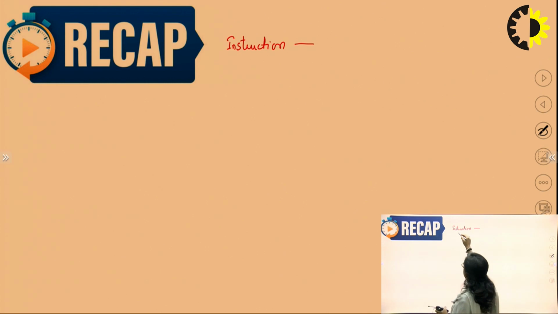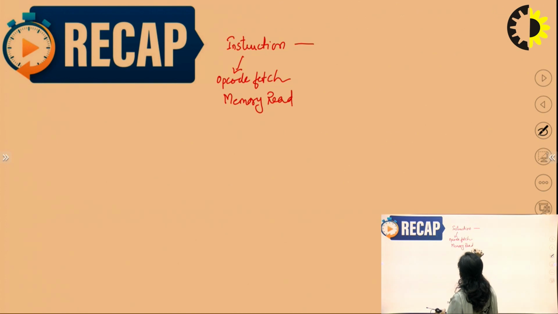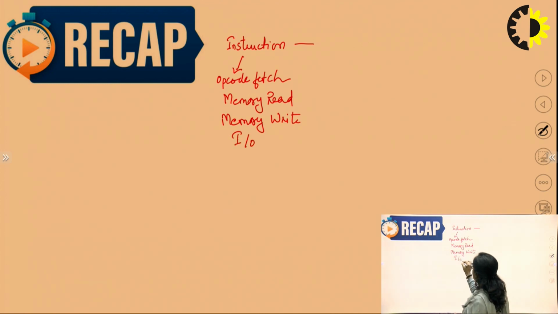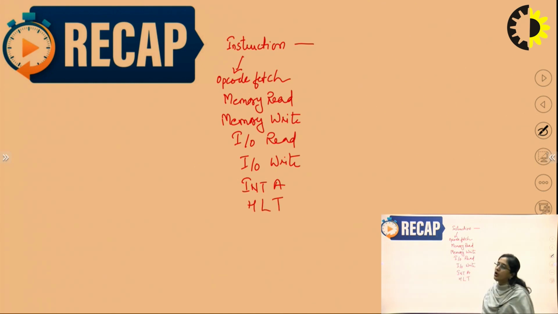And we have seen the different machine operations are opcode fetch, memory read, memory write, IO read, IO write, INTA, interrupt acknowledgement, and halt.